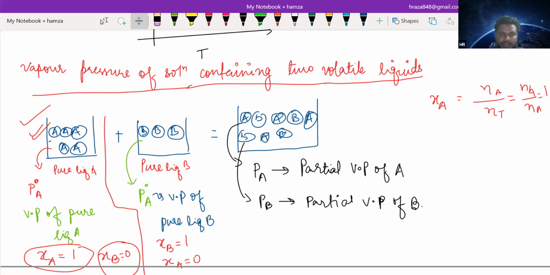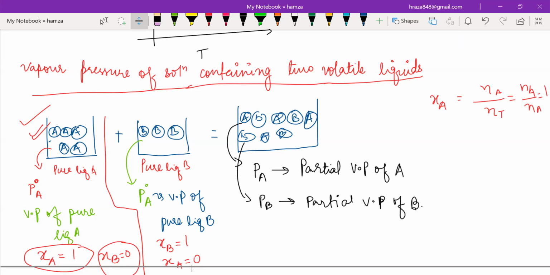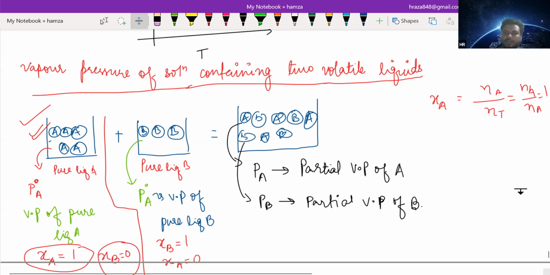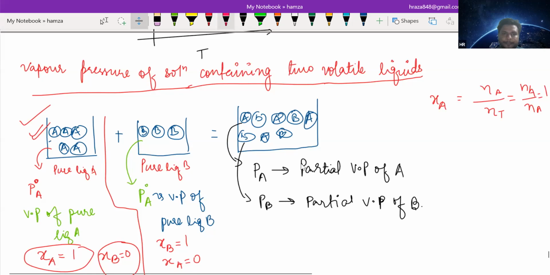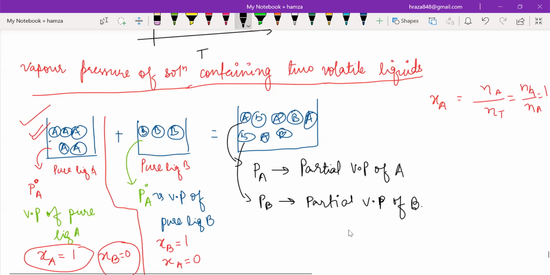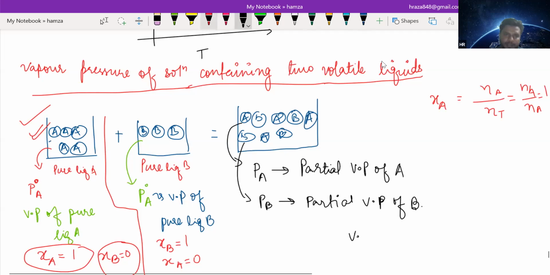More vapor pressure means less force of attraction. So see, if there is less force of attraction, then will the boiling point be lesser or more, high or low? Boiling point will be low.